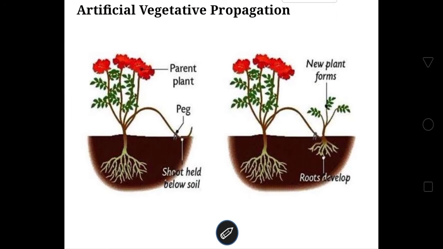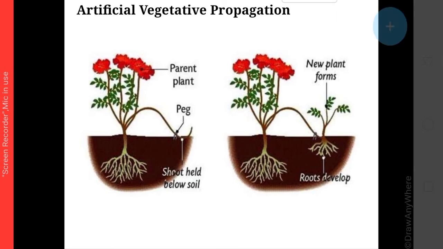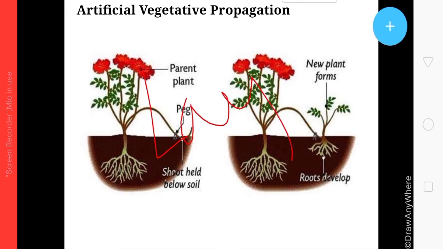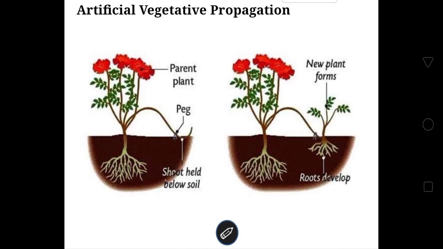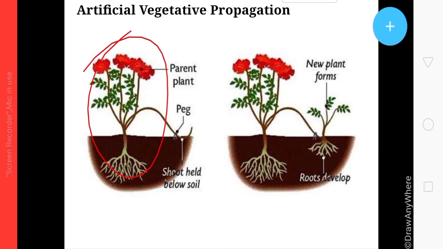The next type is called layering. In layering, suppose this is a flower plant. We take one of the stems and let the stem touch the soil, and we cover it a little bit with soil.